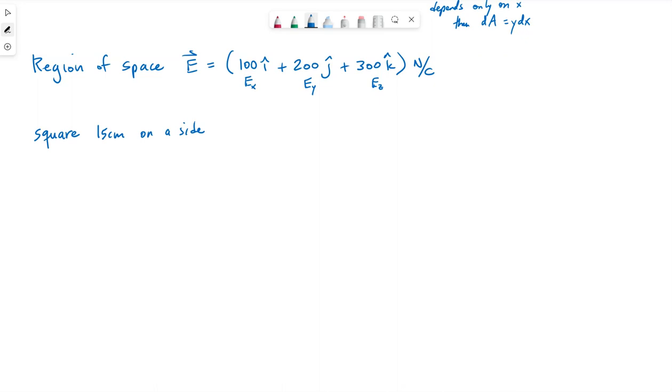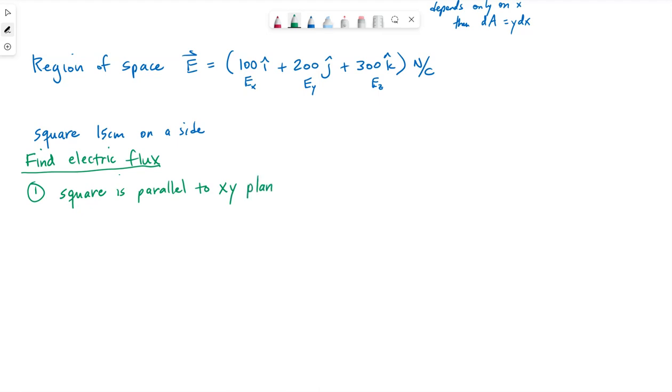So let's say first, so we're going to find the electric flux in each of these situations. So the first situation, let's say our square is parallel to the xy plane.